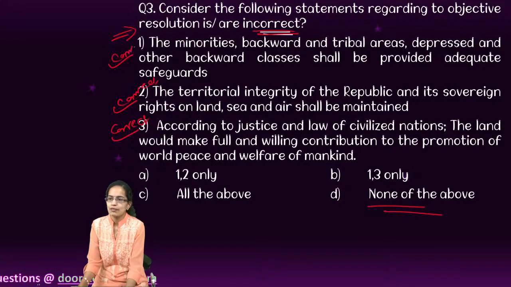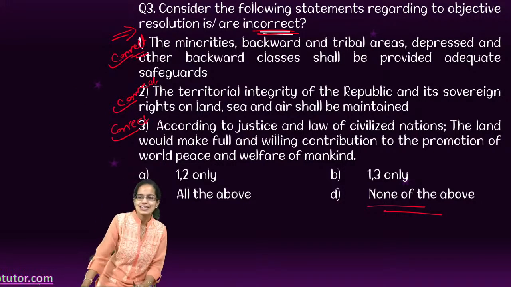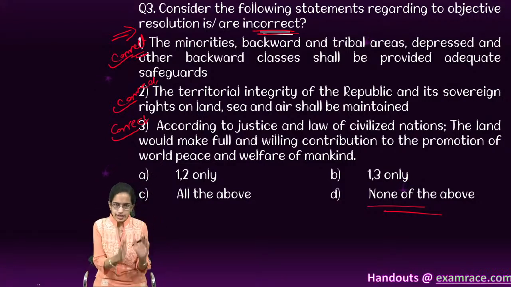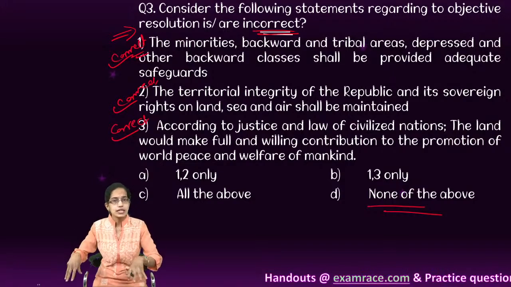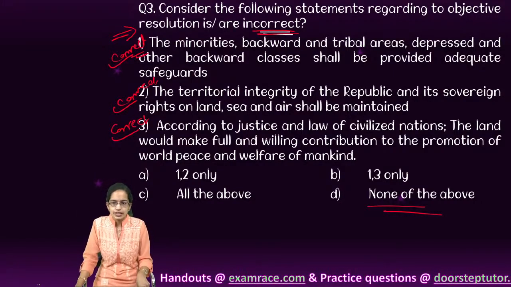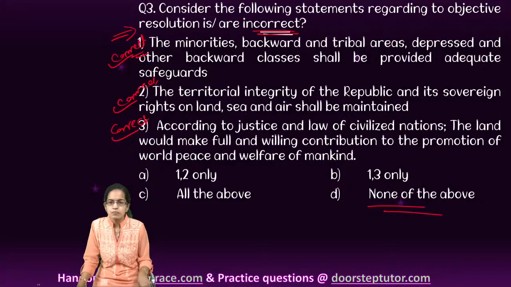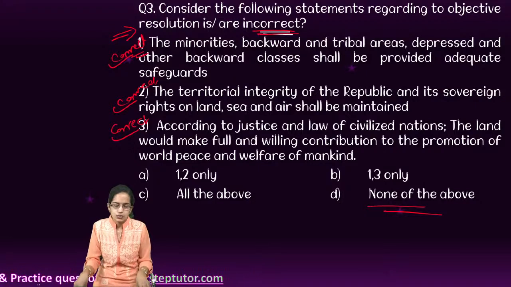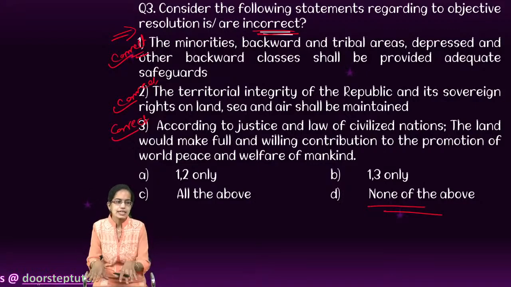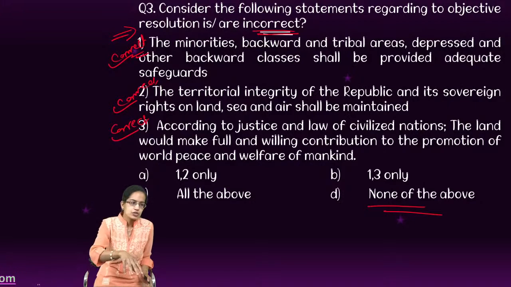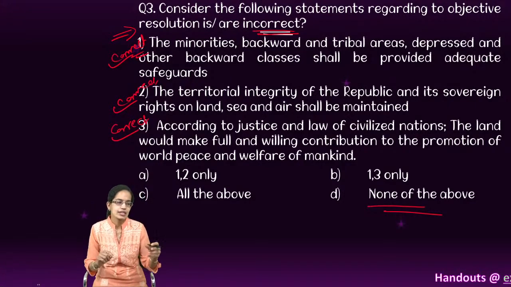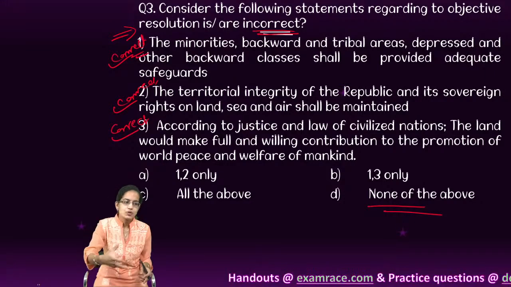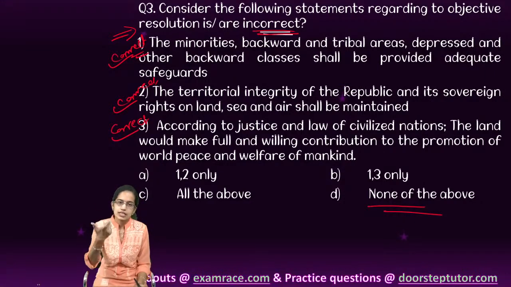I hope I am not confusing you further, but the idea is that minorities, backward and tribal areas shall be provided adequate safeguards. The territorial integrity of the republic and the sovereign rights on land, sea and air would be maintained. Also, the law and justice of the civilized nations would be taken into account for the welfare of mankind. Besides that, we also say India shall be a union of the British Indian territory, the Indian states and the parts of it, and India would be considered an independent sovereign republic.